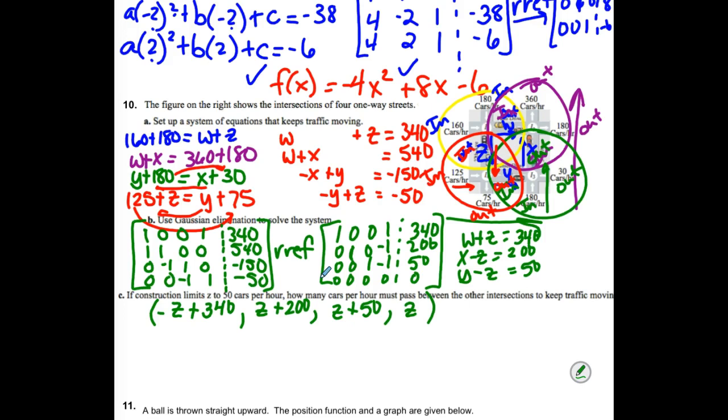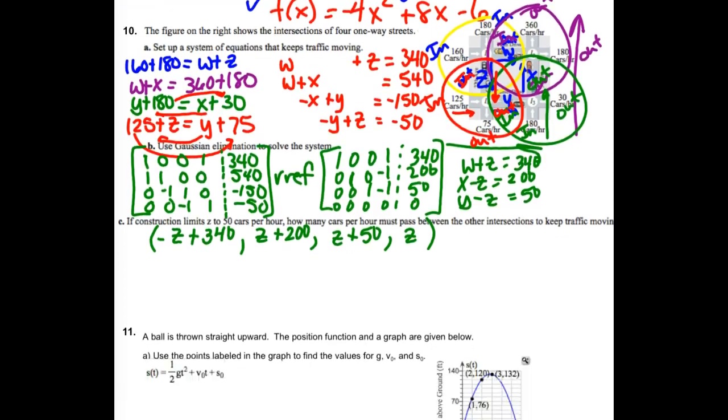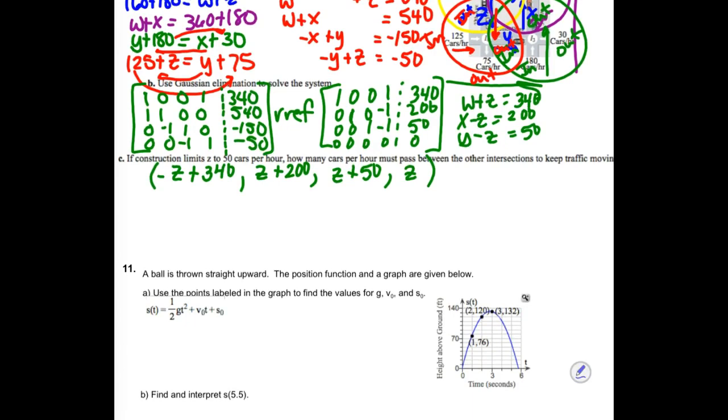Then it says, if construction limits Z to being 50 cars per hour, how many cars must pass between the other intersections? Okay, so that's saying, what if Z is 50? We put a 50 in for all of those. What's my solution going to be? What's negative 50 plus 340?